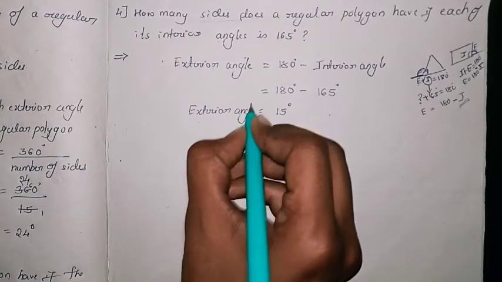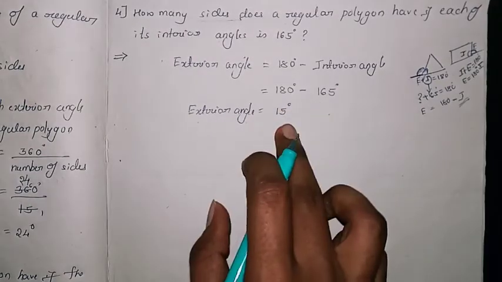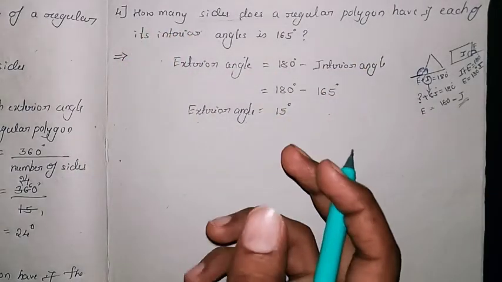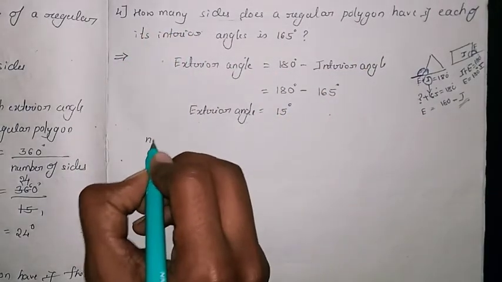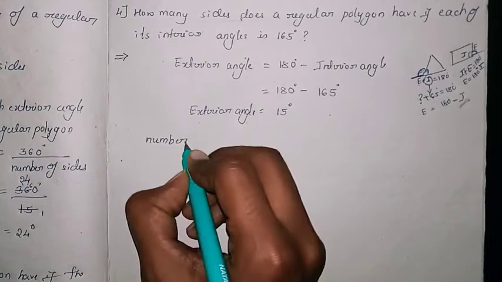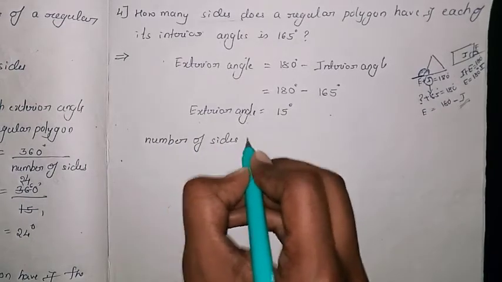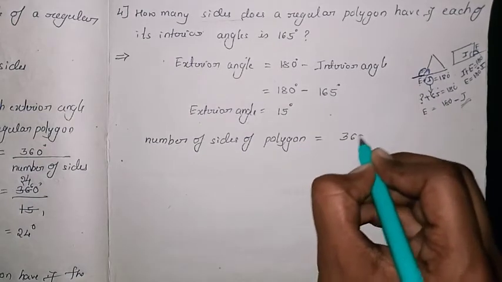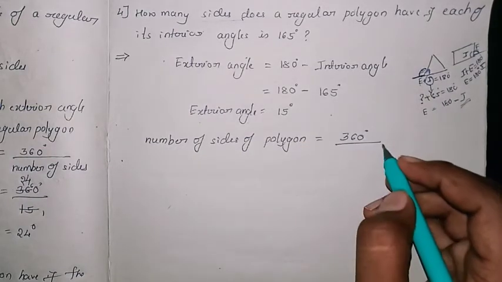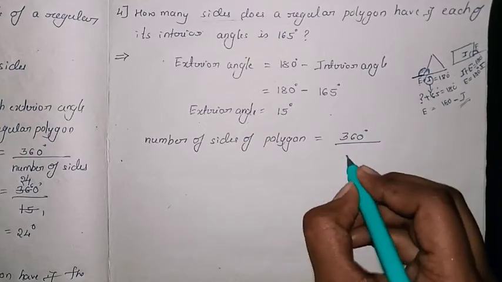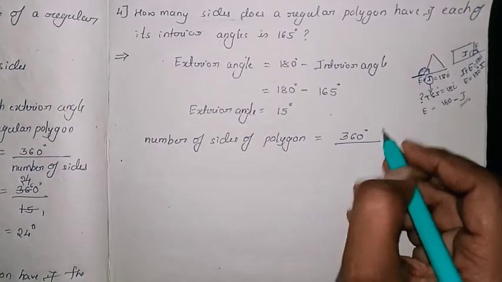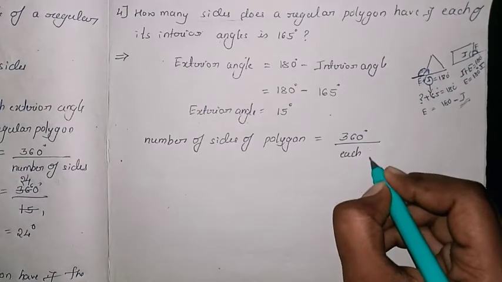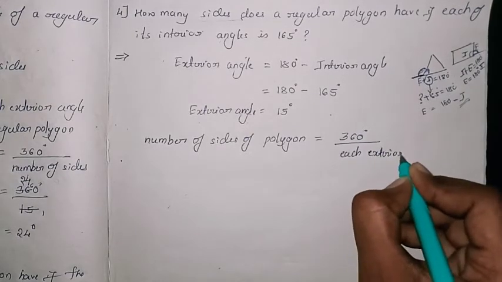Now that you know the exterior angle, you have to find the number of sides. Is there any formula for that? Yes, the number of sides of a polygon is equal to 360 degrees divided by the measure of each exterior angle.